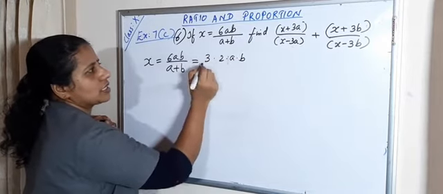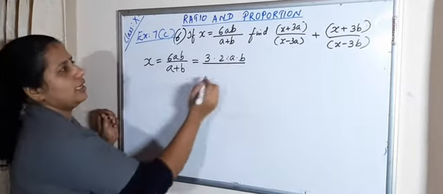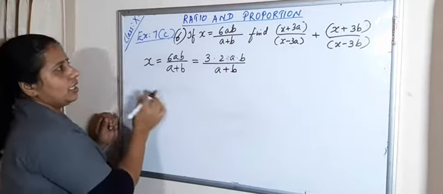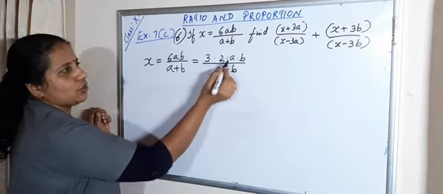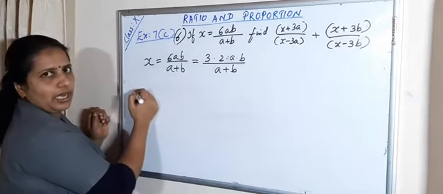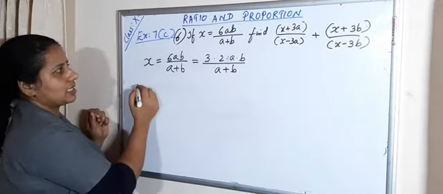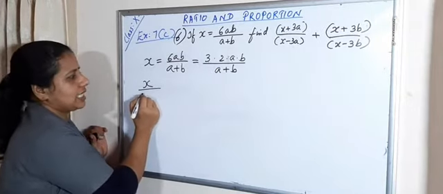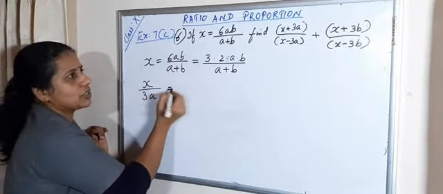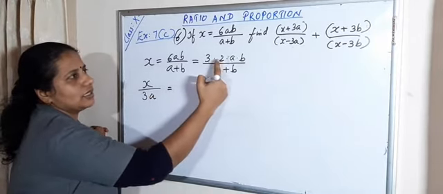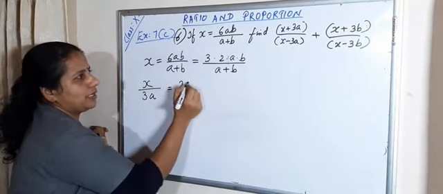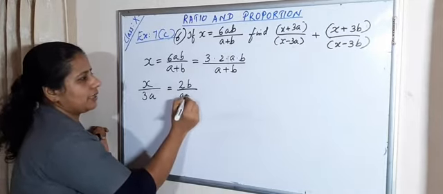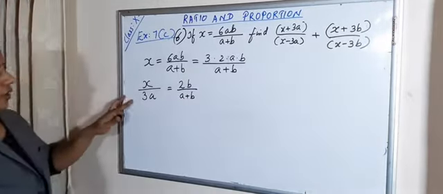That is equal to 6ab divided by a plus b. Now I am taking 3 and a to the LHS side. That is, x by 3a is equal to 2 and b left on the RHS side divided by a plus b.